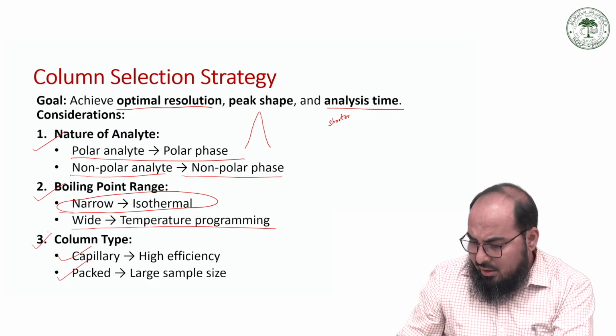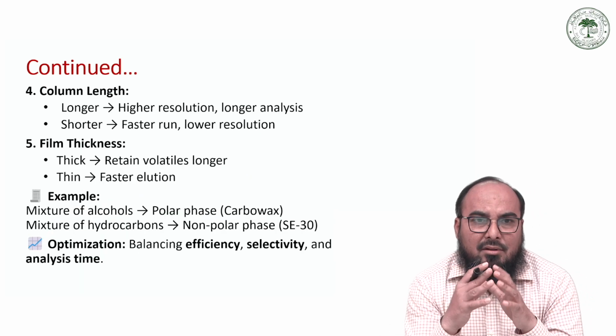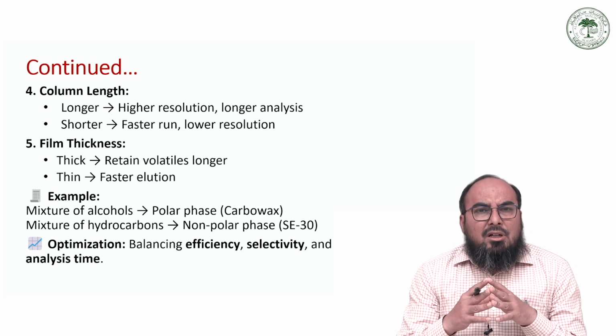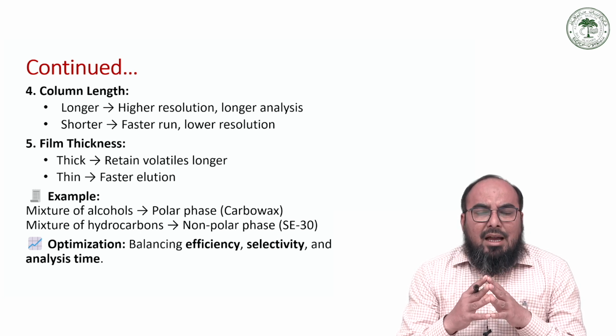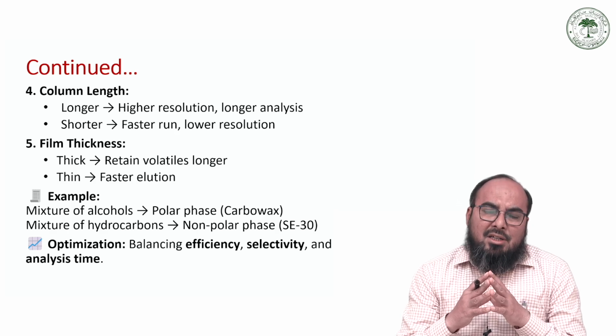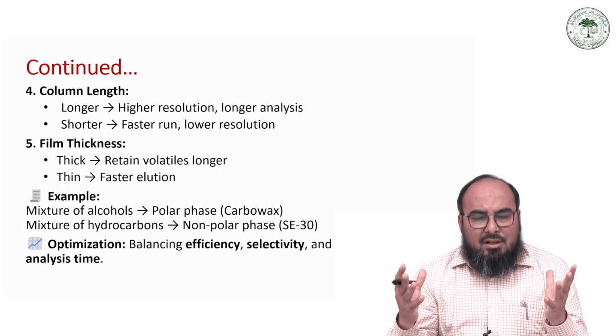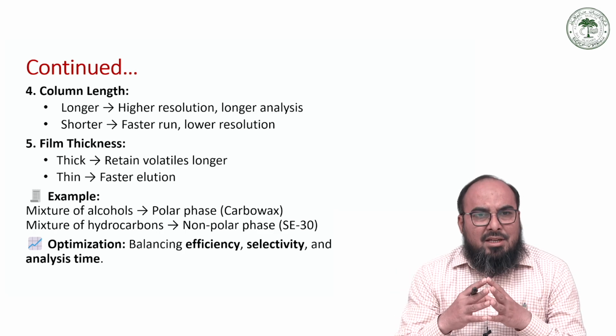Similarly, with regard to column length, we know that the greater the number of theoretical plates, as per the plate theory given by Martin and Synge, the Nobel laureates, the Nobel Prize winners in separation science.